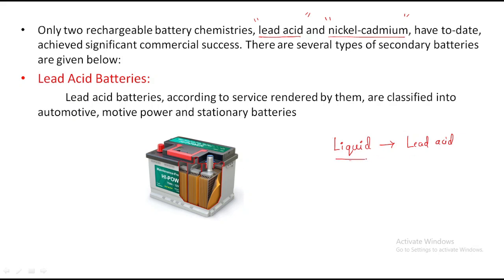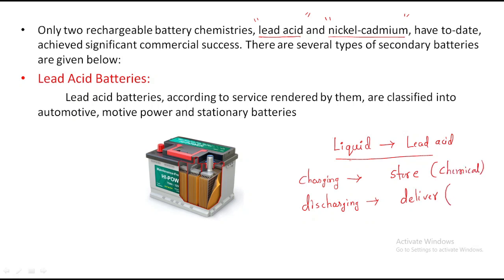What happens in this lead acid battery is that during the charging process it stores, and during the discharging process it delivers. Simply, the lead acid stores electrical energy in the form of chemical energy, and this chemical energy is converted back into electrical energy. Understand?